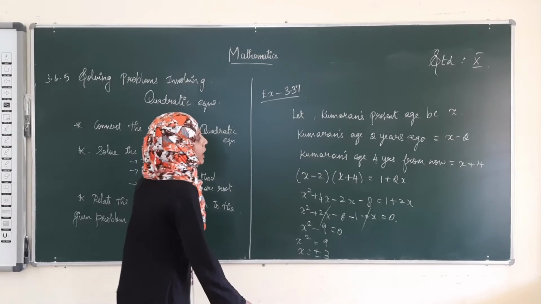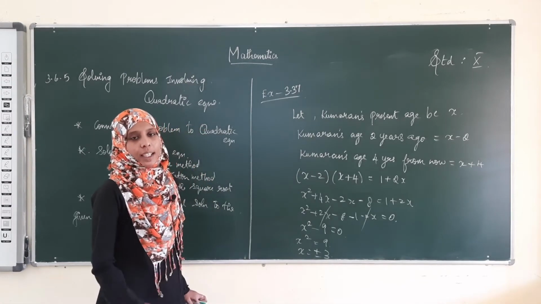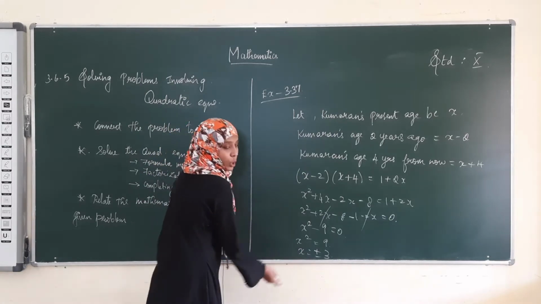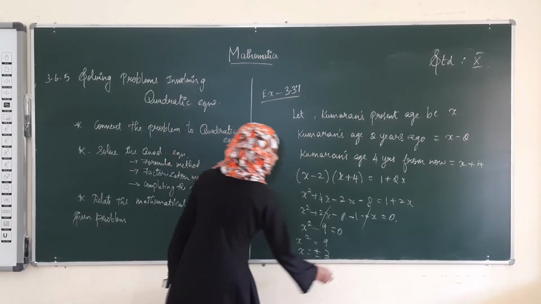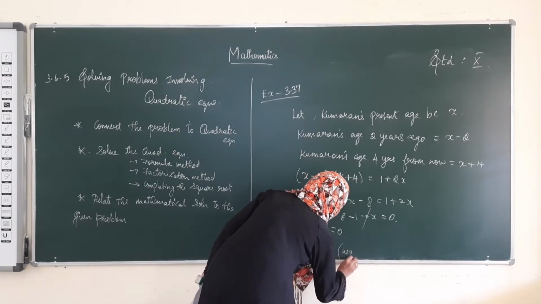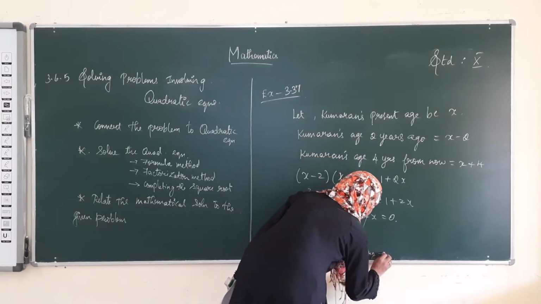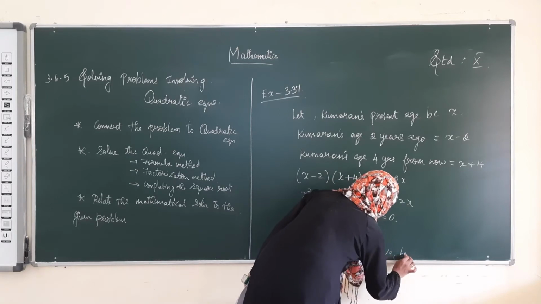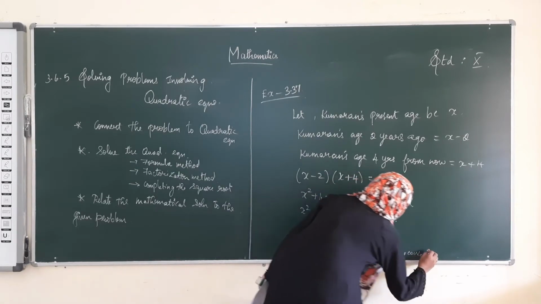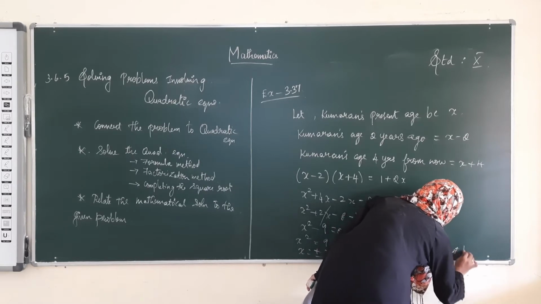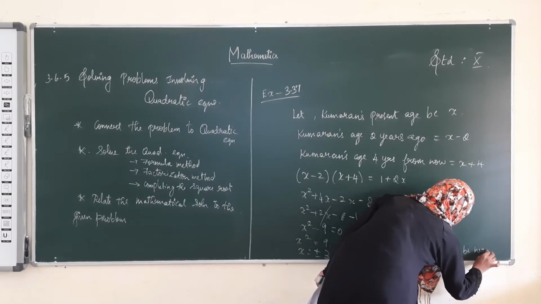See here, age cannot be negative. I can't say my age is minus 20, right? So, age cannot be negative. Therefore, on neglecting the minus, you have to write the reason: negative because age cannot be negative.